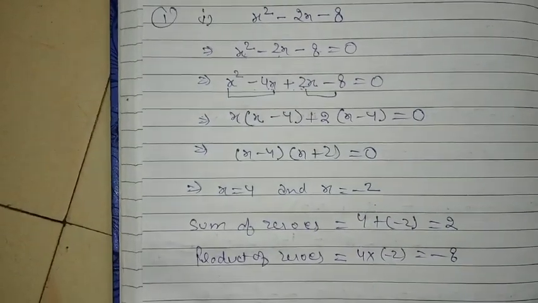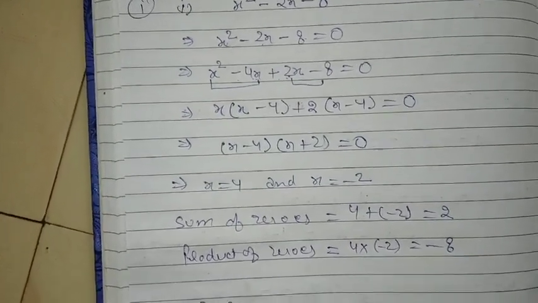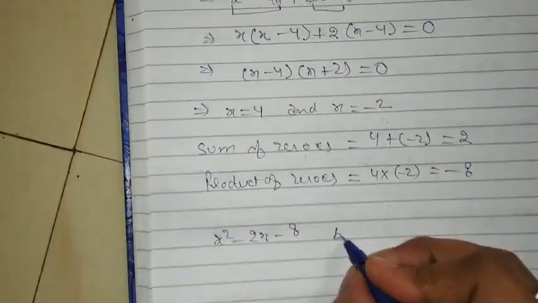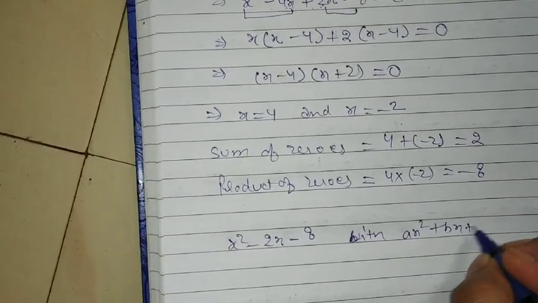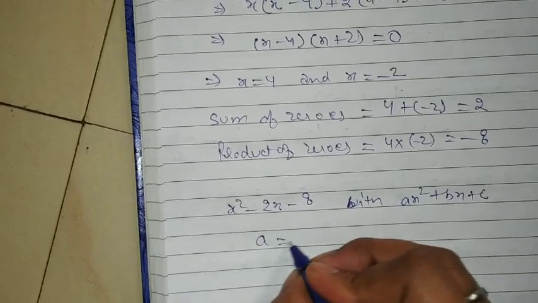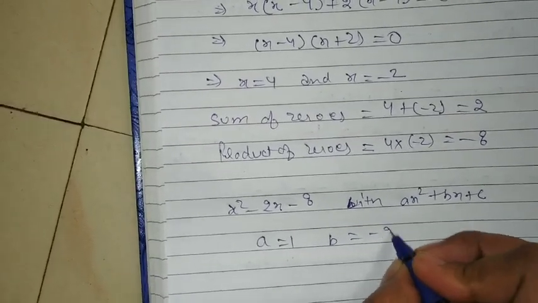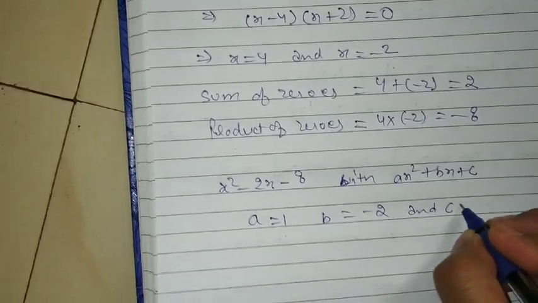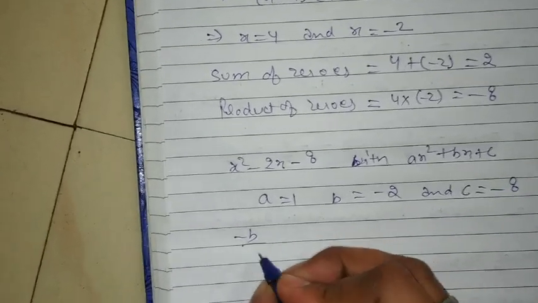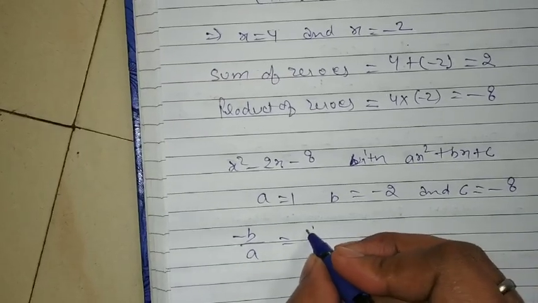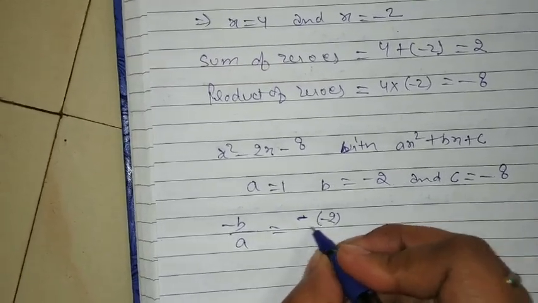Now on comparing x square minus 2x minus 8 with ax square plus bx plus c, what we will get? A is equals to 1, b equals to minus 2 and c equals to minus 8. Now what is minus b by a? This will be equals to minus b by a.